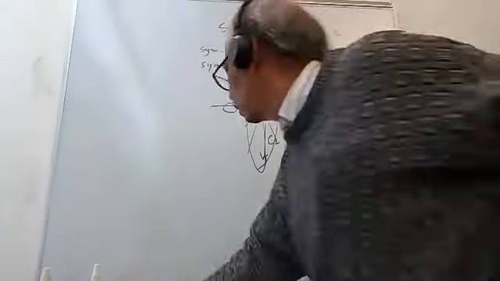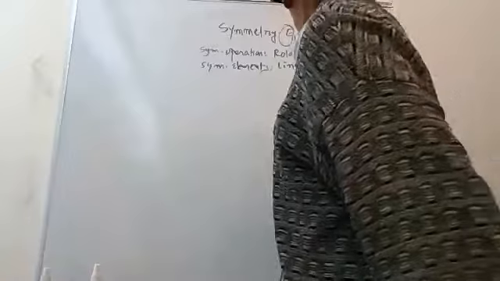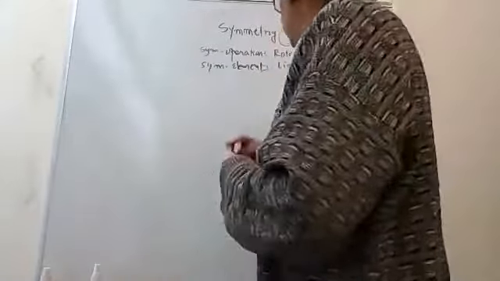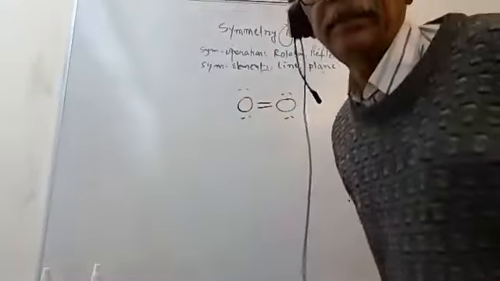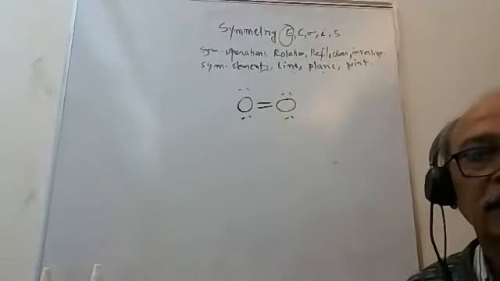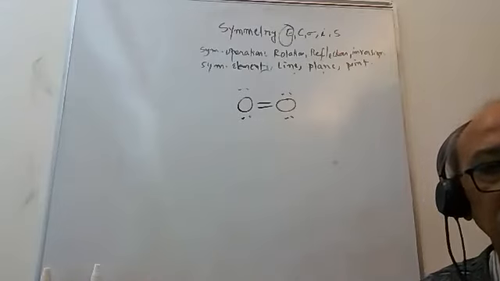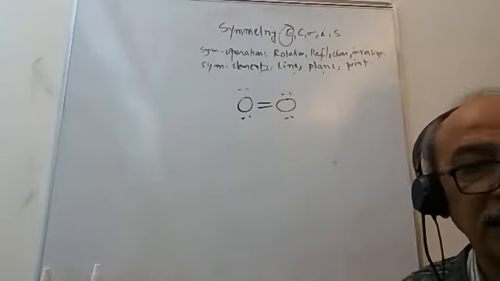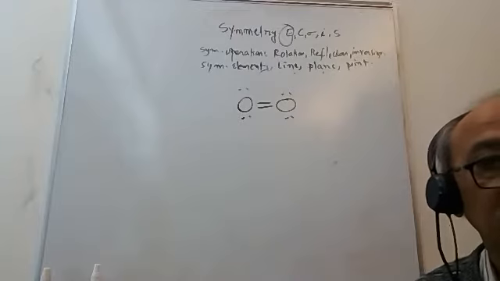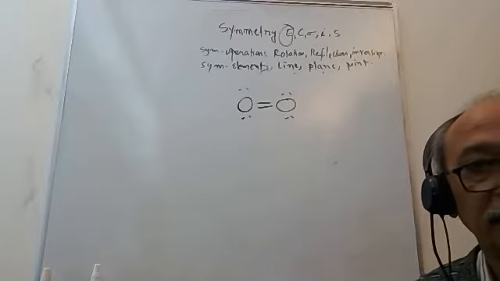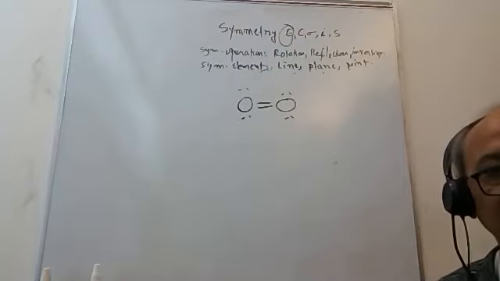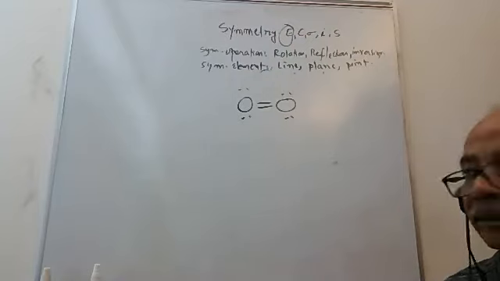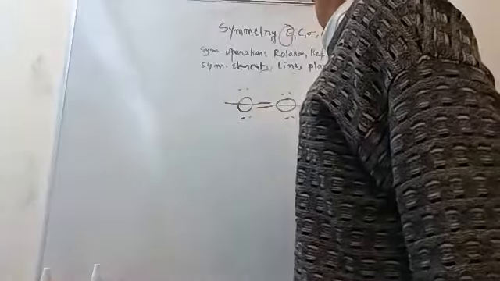How about something like oxygen? Linear. What's the highest fold rotation axis of symmetry on this molecule? Infinity. You're absolutely correct. That's C infinity, along the double bond axis, right here.